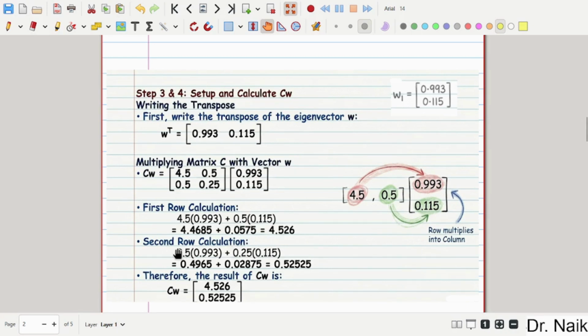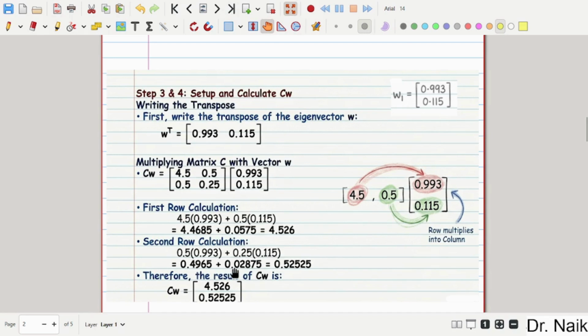Now calculate the second row. 0.5 multiplied by 0.993 is equal to 0.4965, plus 0.25 multiplied by 0.115, which gives 0.02875.